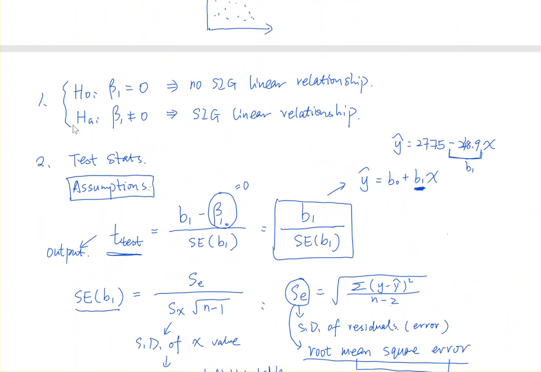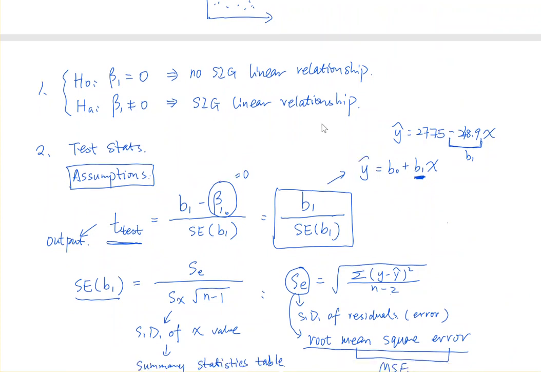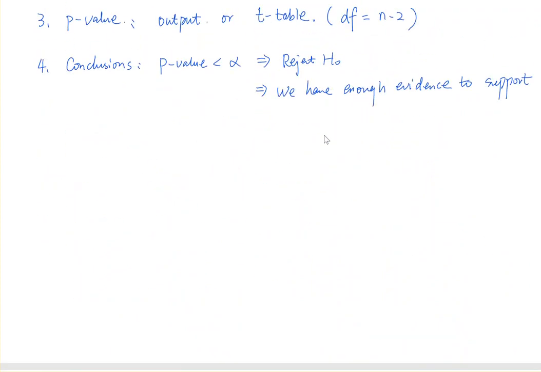So what is our alternative hypothesis? It means there is a significant linear relationship between these two variables, right? So we have enough evidence to support that there is a significant linear relationship between these two variables.